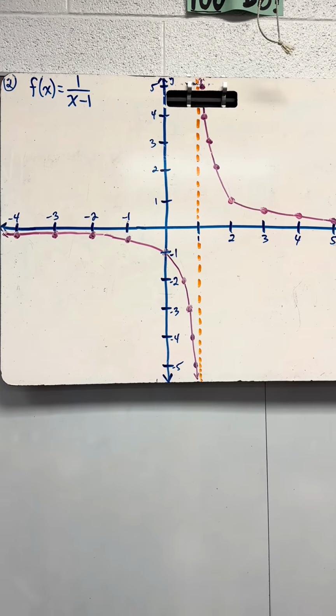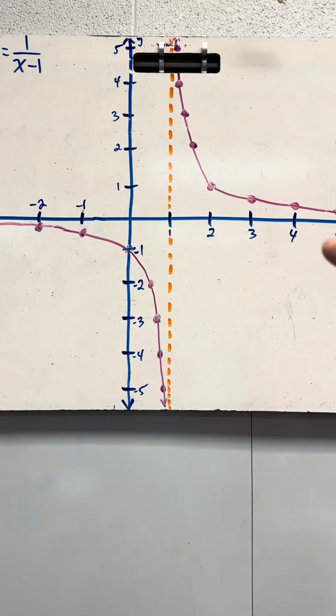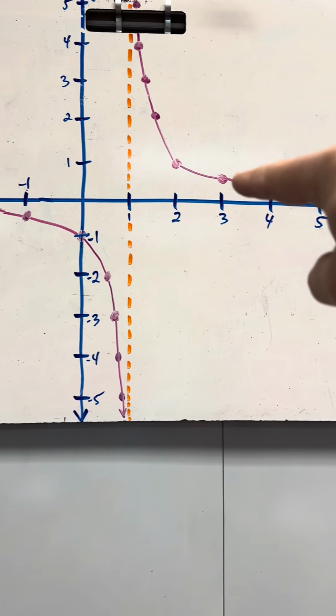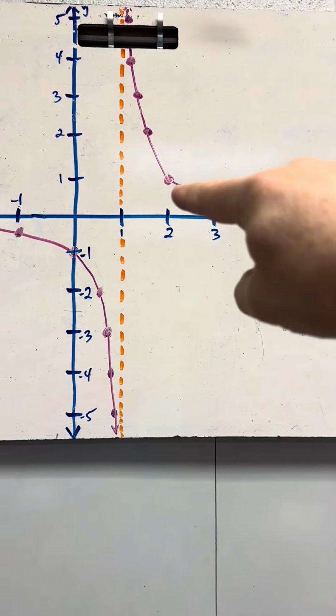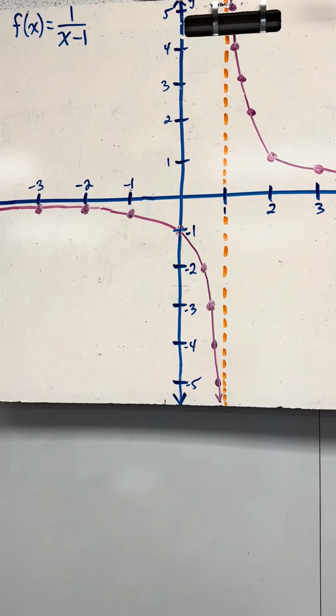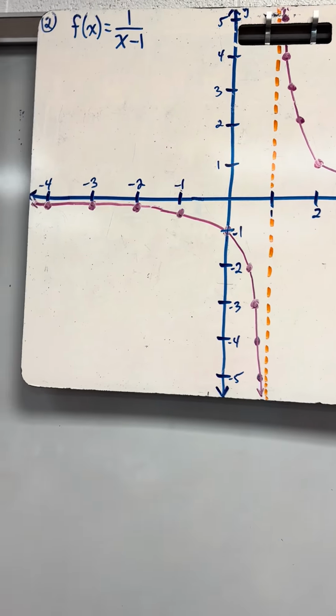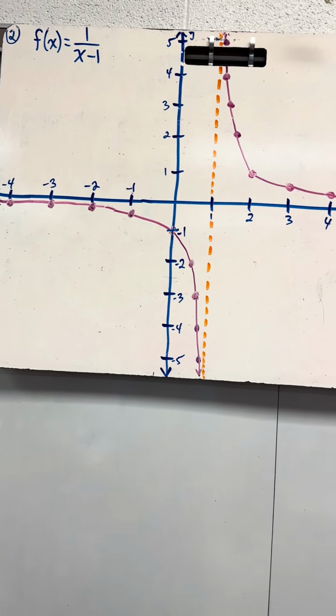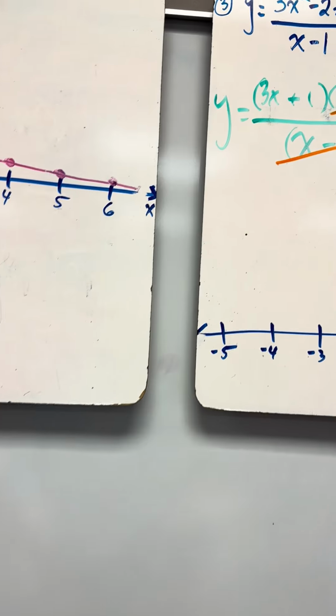Okay, so notice that the graph, again, will not touch 0, but it also will not touch 1 here. That's a vertical asymptote.